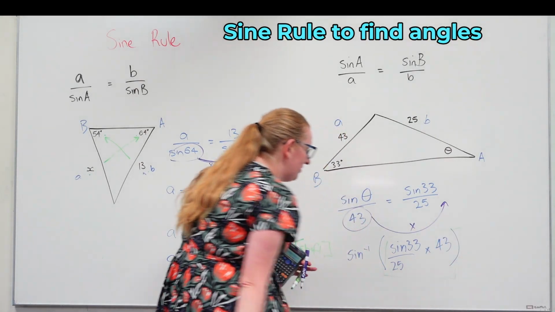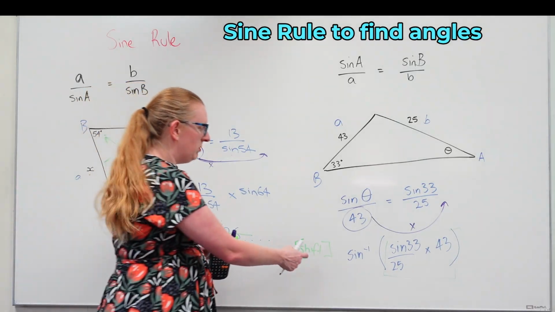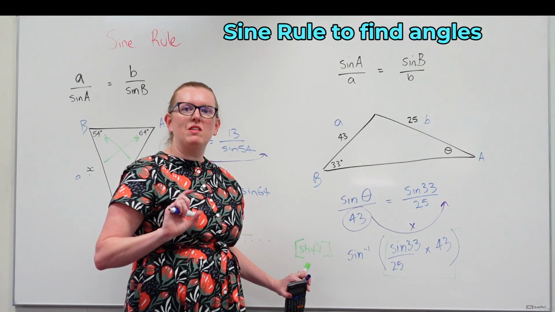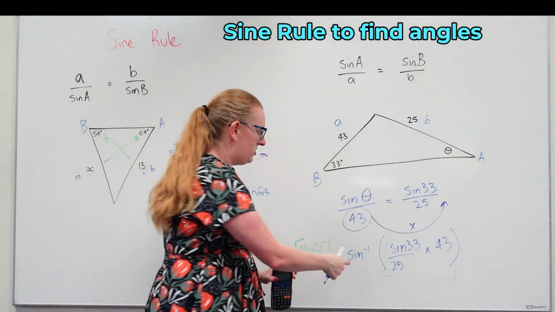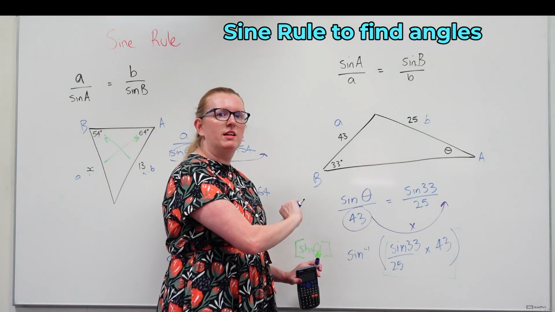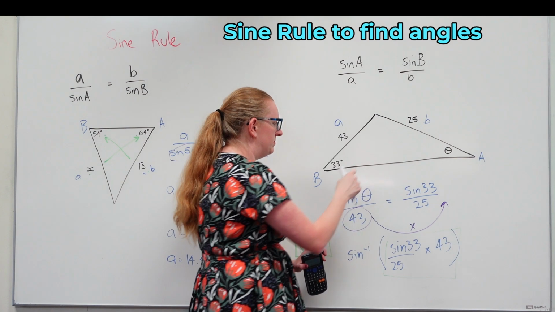Then I can type all of that in, and it will tell me the size of my angle. Now the reason why we push shift is so that we can find an angle on the inside. It gives us inverse sine, meaning inside, meaning we're trying to find an angle on the inside of a triangle.